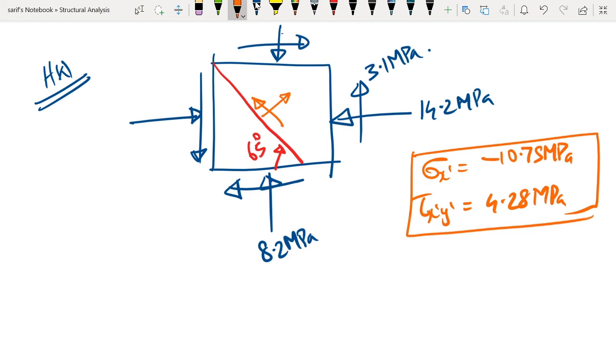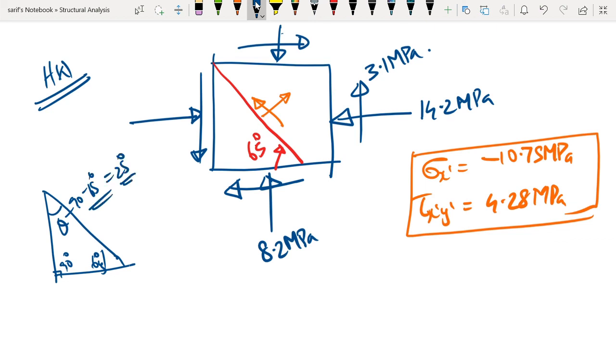Now one thing we have to remember is that in this particular case theta is not directly given, because we recorded theta as two things. One, theta is the angle made by the inclined plane with the vertical. In this case, if this is 65, this is 90, so theta will be 90 minus 65, which is 25 degree.